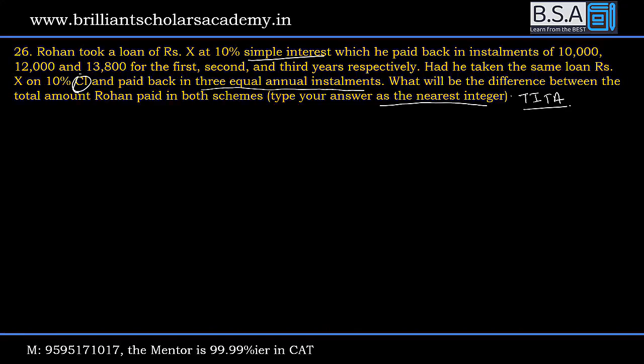Second case is the same loan being paid back in 3 equal installments. What will be the difference between the amount Rohan paid in both schemes?